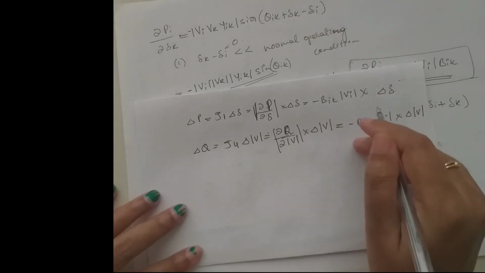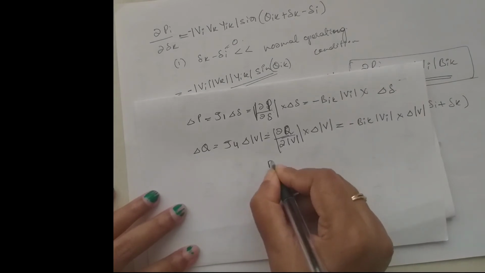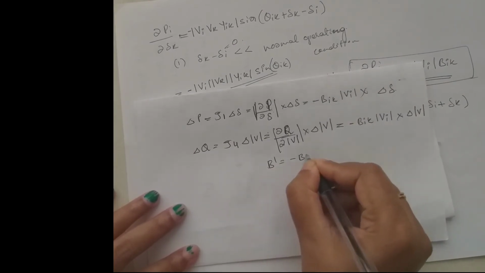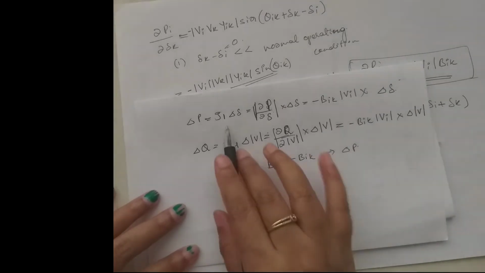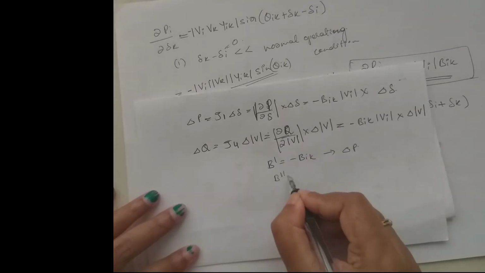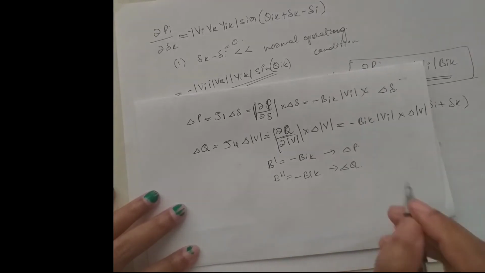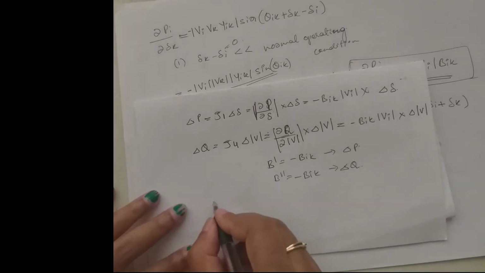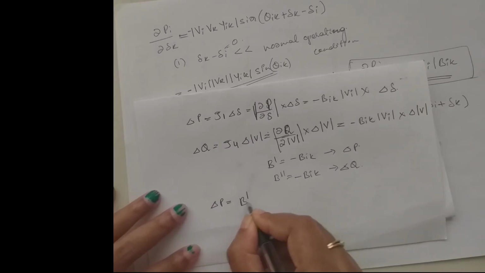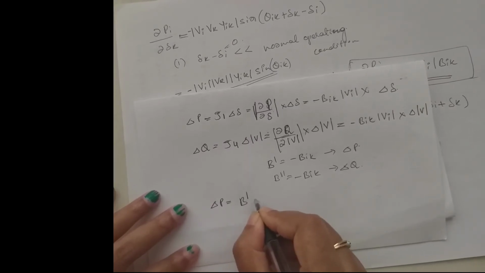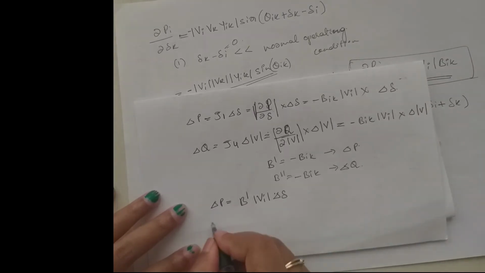On rearranging these two equations, taking B dash equal to minus Bik in the delta P equation, and B double dash equal to minus Bik in the delta Q equation, we get delta P is equal to B dash Vi into delta delta.